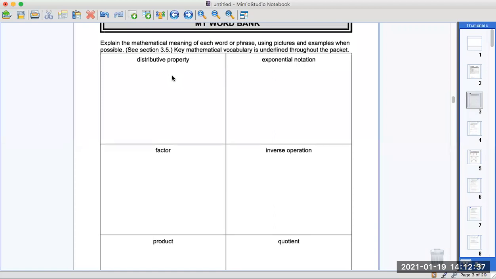So distributive property means you're going to multiply everything inside the parentheses by the number outside.